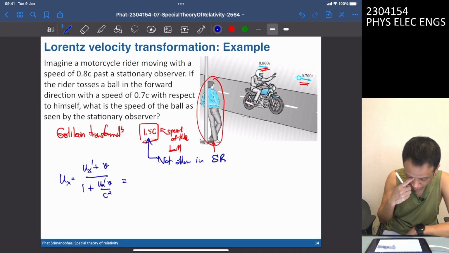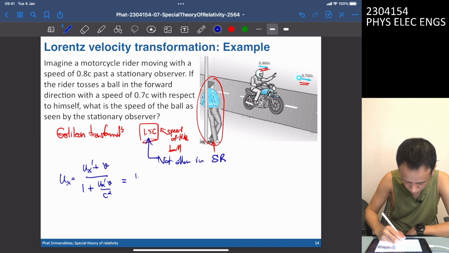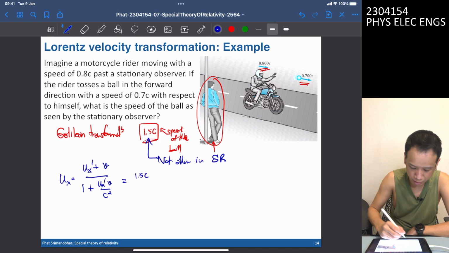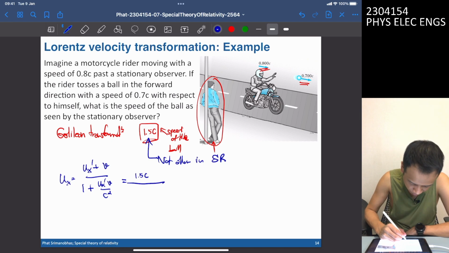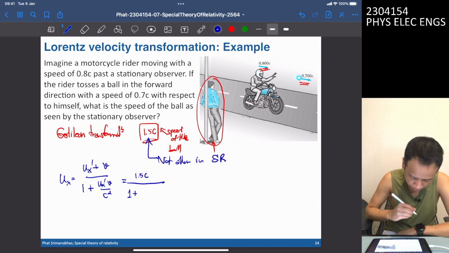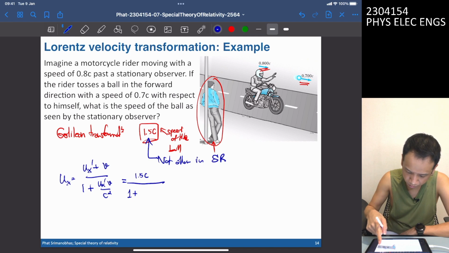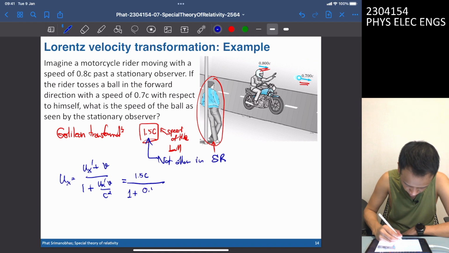On the top, you see 1.5 c, the sum, which is the Galilean transformation. But in the denominator, you have 1 plus ux prime multiplied by v, so 0.56 c square over c square.